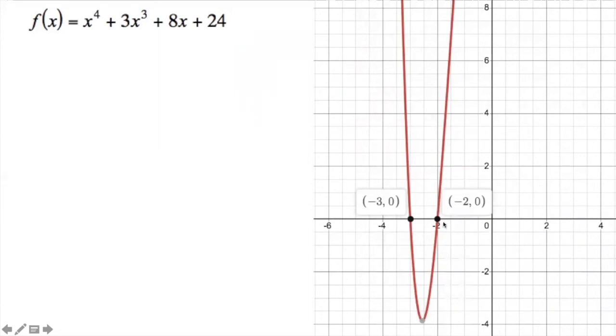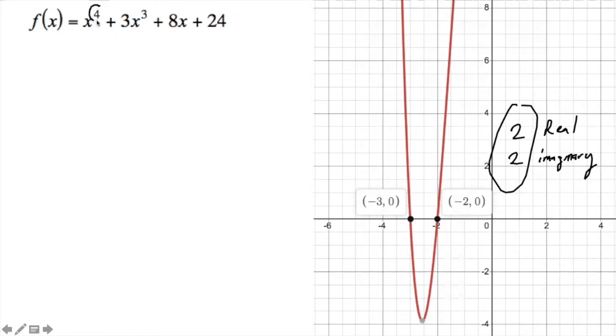I do not see it cross the x-axis anywhere else, so that implies to me that we have 2 real zeros or x-intercepts, and we also have 2 imaginary ones because we do not see that cross anywhere. You have to get to the magic number of 4, which is your degree or highest power of the function. So it looks like we're dealing here with 2 real and 2 imaginary.